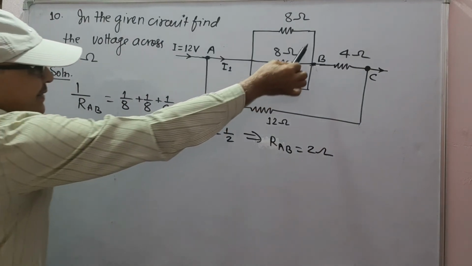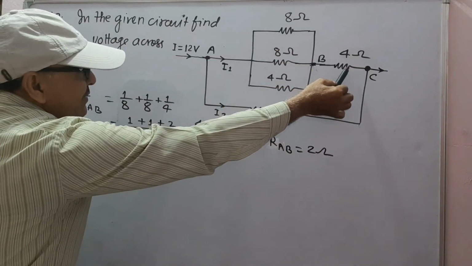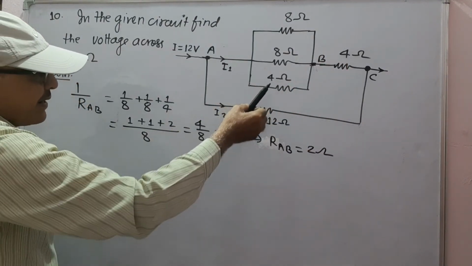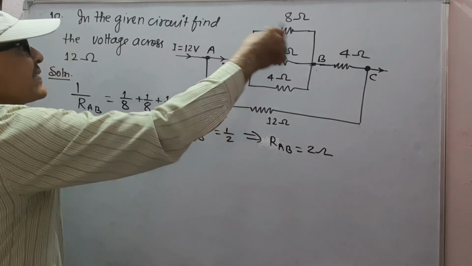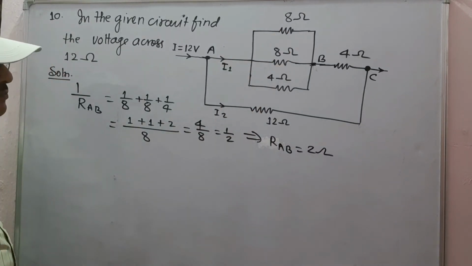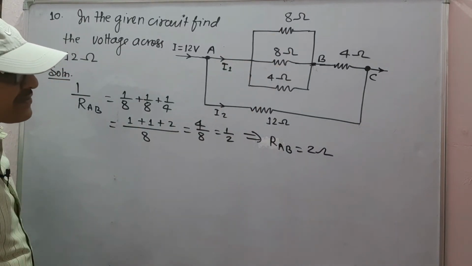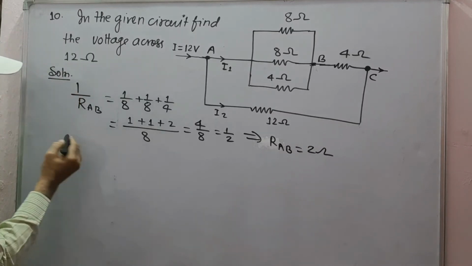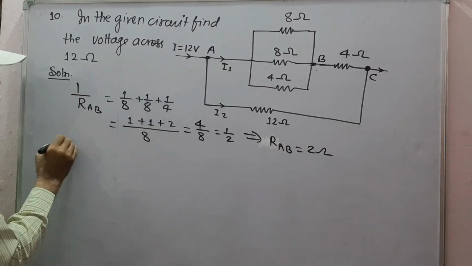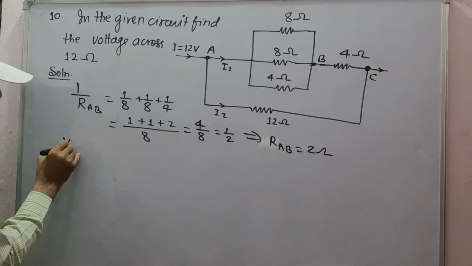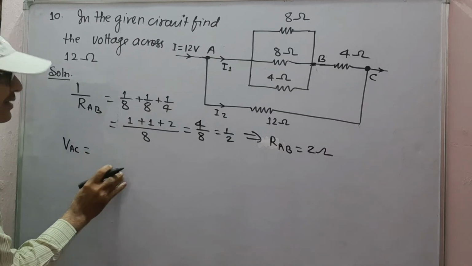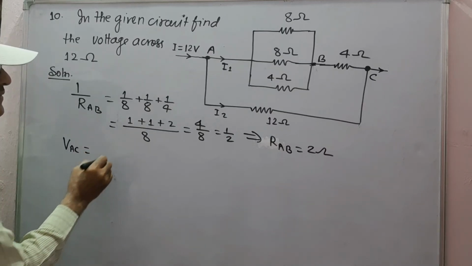Now this 2 ohm and this 4 ohm are in series. So the resistance of upper branch is 6 ohm and the resistance of lower branch is 12 ohm. In parallel, voltage between A and C will be same through all branches.